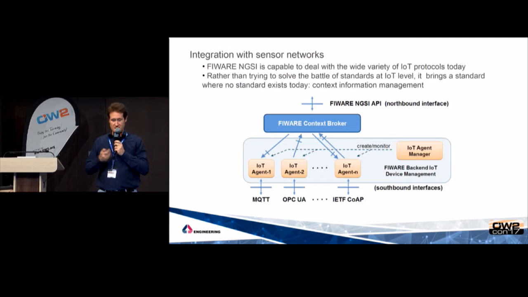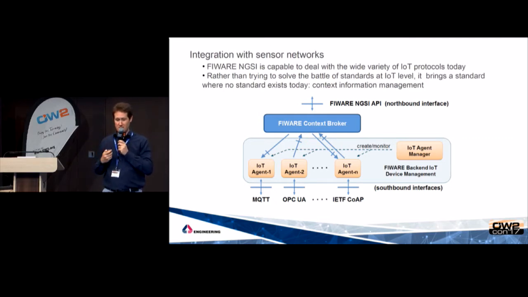So, how does it work behind the scenes? You can see that the FIWARE Context Broker is connecting to the IoT devices through the IoT protocols. The most common IoT protocols are supported by the FIWARE Context Broker, and of course, the connection with one IoT device is provided by a single IoT agent, which is in charge of getting information from the device and providing information to the context manager.